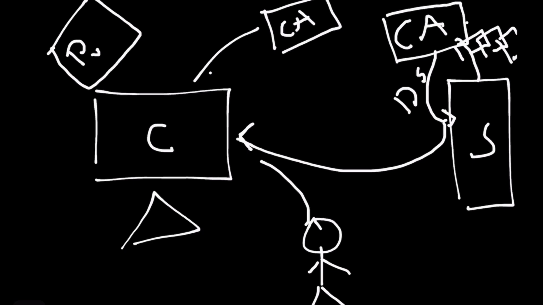So the man in the middle can no longer be in the middle, because right now we know who we are talking to. We know the original source. It was because we didn't know the original source that the man was in the middle. So right now we have been able to break the barrier, and we know who we are talking to.